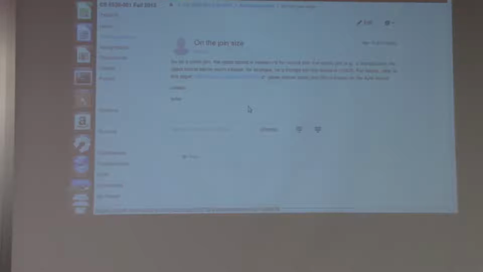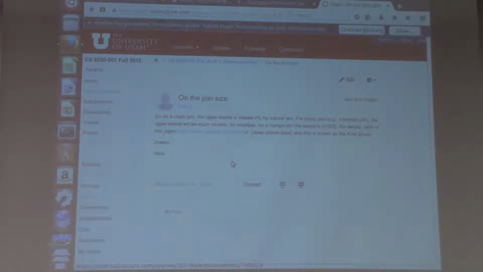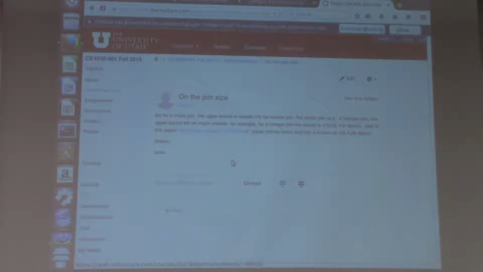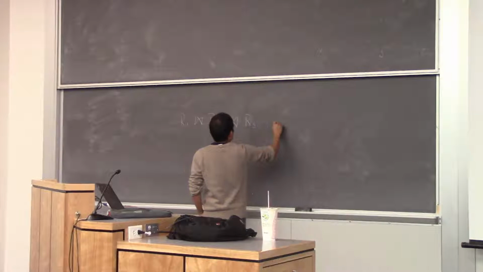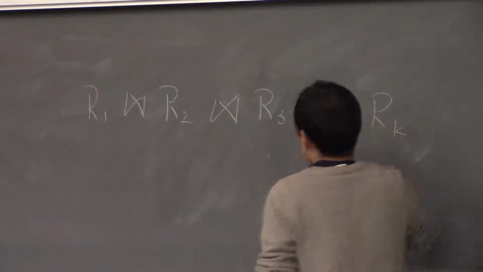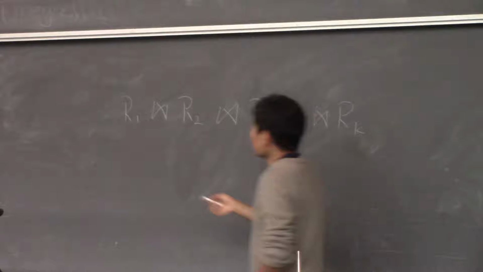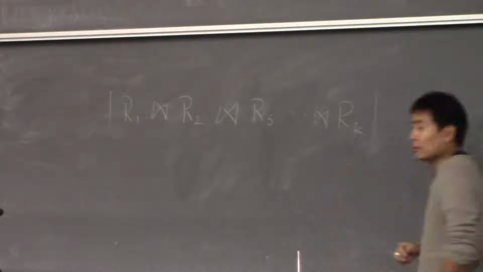So, on the joint sets, the problem is this, right? So I have n joints. Okay? And I want to estimate this line.